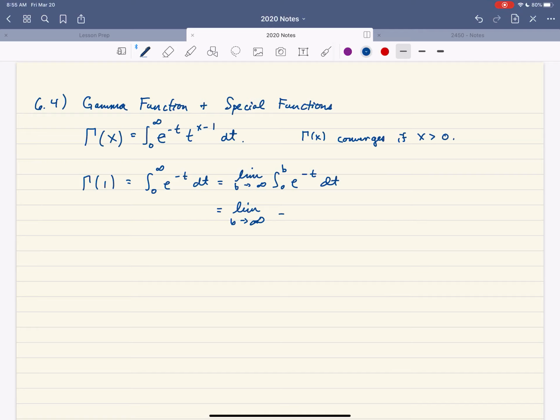So this is going to be negative e to the negative t from 0 to b. And then that's going to be negative e to the negative b plus 1. And negative e to the negative b is going to go to 0. So that means that this whole limit will be 1. So gamma of 1 is 1.